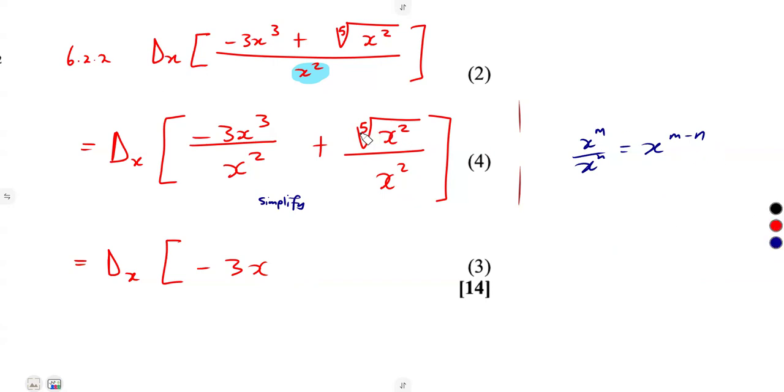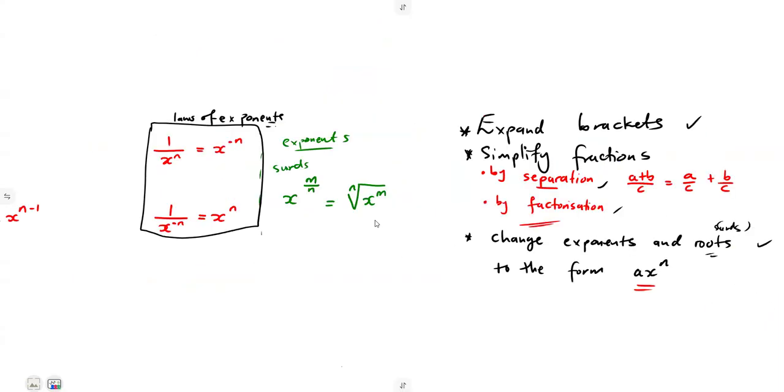So let us rewrite the fifth root of x squared. Remember from our laws of exponents here, we can rewrite that fifth root. There we had the fifth root of x squared. The 2 is our power, it is your numerator.